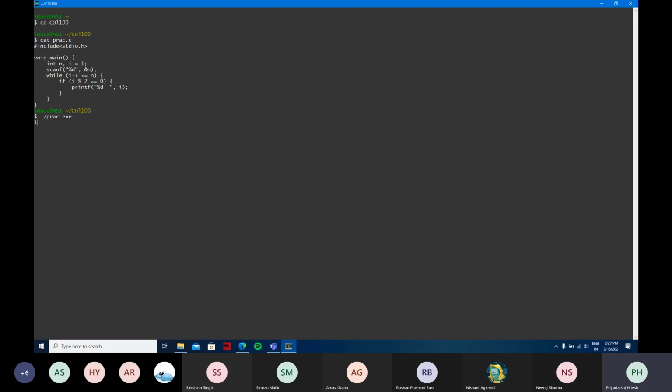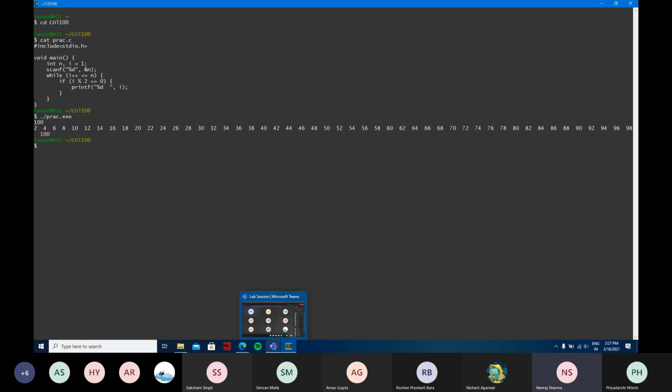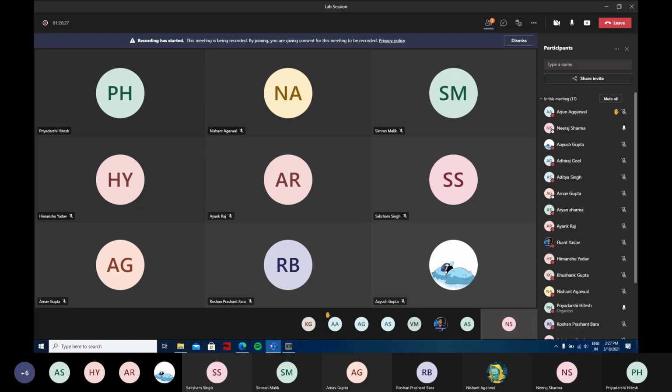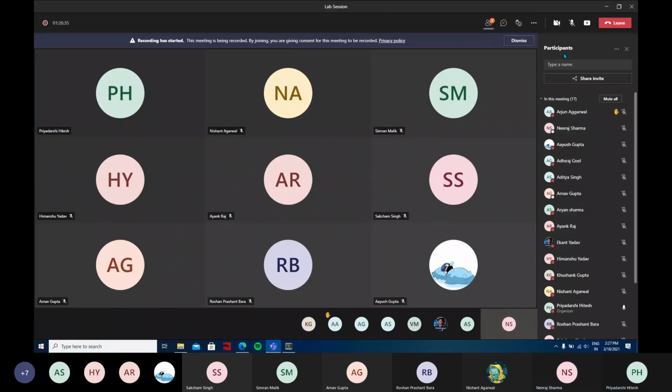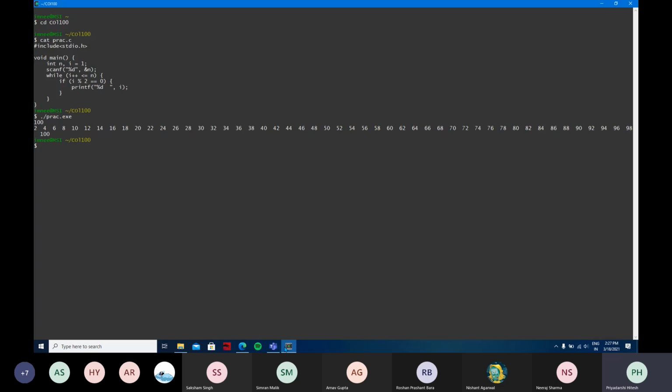I think it's lagging from my side. Wait. Yeah, now share your screen. I can see it. I have joined from my phone. There's some internet issue.